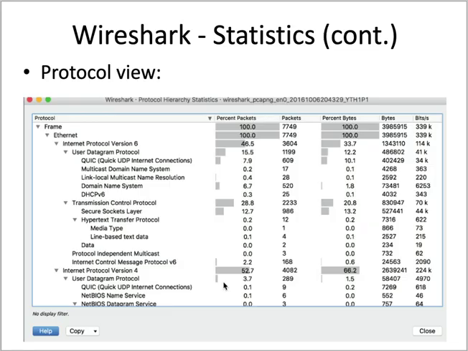And it just tells me information about the packets and what percentage of the packets, and then it actually tells me how many packets there were, and then over at the far right, how many bytes those different protocols used.